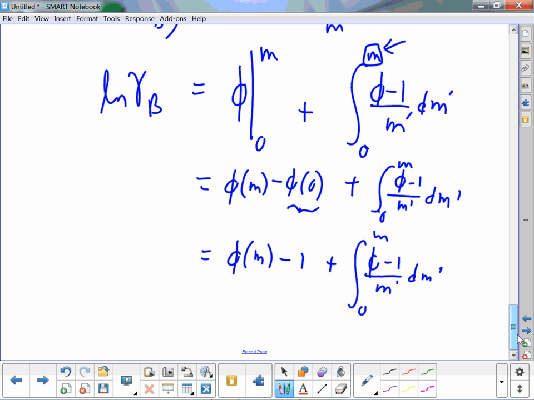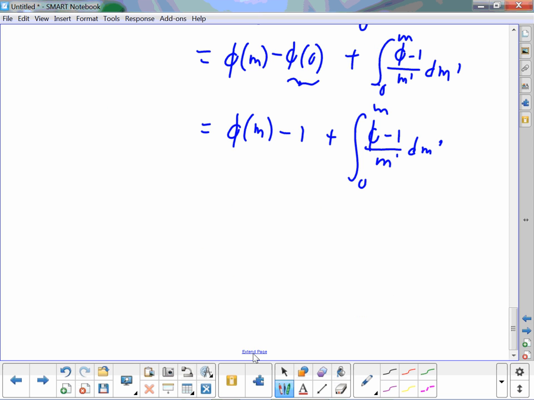The nice thing about this, you might be saying, okay, we could have trouble again integrating because that m in the denominator, when m equals 0, will go to infinity, right? And it will make the whole thing blow up. But what happens here is, you can typically fit phi to a polynomial, maybe a cubic or a quadratic polynomial, for example. You can say a m cubed plus b m squared plus, and so on. What should phi be when molality is 0?